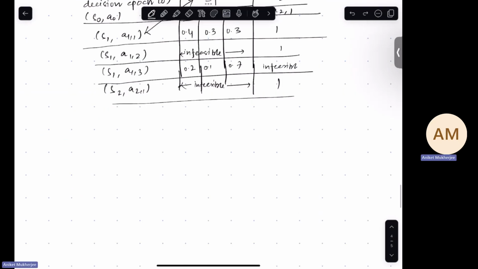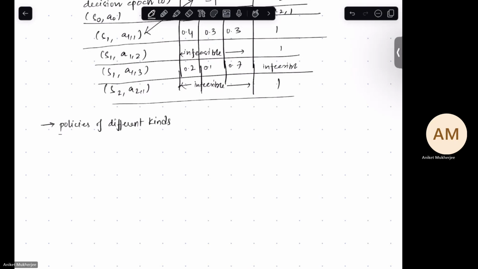So till now, what we have seen is policies of different kinds. We have seen Markov policies, deterministic Markov policies, randomized Markov policies.